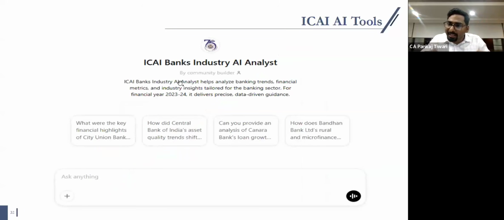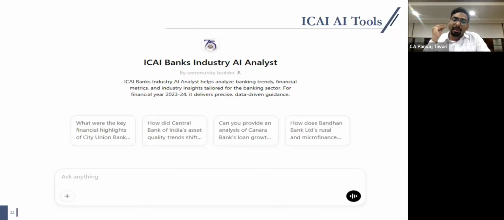Now, I can ask any question on this, as I would in ChatGPT. Please compare Axis Bank with all other private sector banks. Please compare Union Bank with all other public sector banks. Please compare Axis Bank with Union Bank. Please compare the profit and loss and the NPA ratio of Axis Bank with Union Bank, and vice versa.